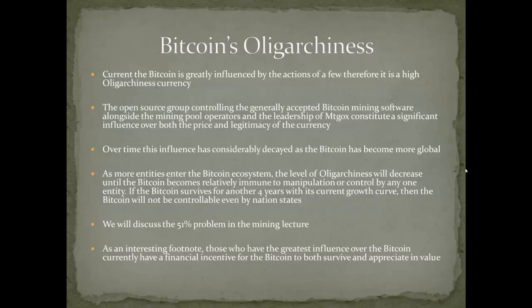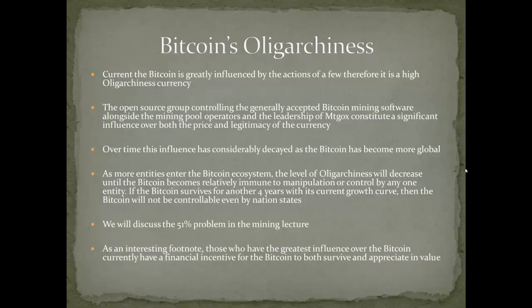Don't worry about it. As another interesting footnote, those who have the greatest influence over the Bitcoin currently have a financial incentive for the Bitcoin to both survive and appreciate in value. That's what we call engineering good incentives. Part of the brilliance of Satoshi Nakamoto when he wrote his paper describing the Bitcoin is he engineered a system where the early adopters who would have the greatest control over the system have the largest incentive to ensure that the system continues to grow and survive, not only to make sure that the currency becomes more distributed and to divest their accounts, but also to continue the initial design, because that's the only way the Bitcoin would increase in value.